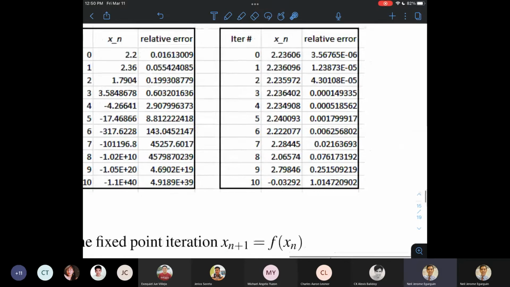Tapos isa pa, sige nga, 2.23606. Diyan ako nag-start. Napakalapit na niyan dun sa positive root 5. Pero you see here, okay, mukhang nagko-converge siya, pero biglang sa 6th iteration, medyo lumayo. Tapos nag-start na siyang lumayo, nag-fluctuate yung value. 10th iteration, negative 0.032929 na nakuha ko.